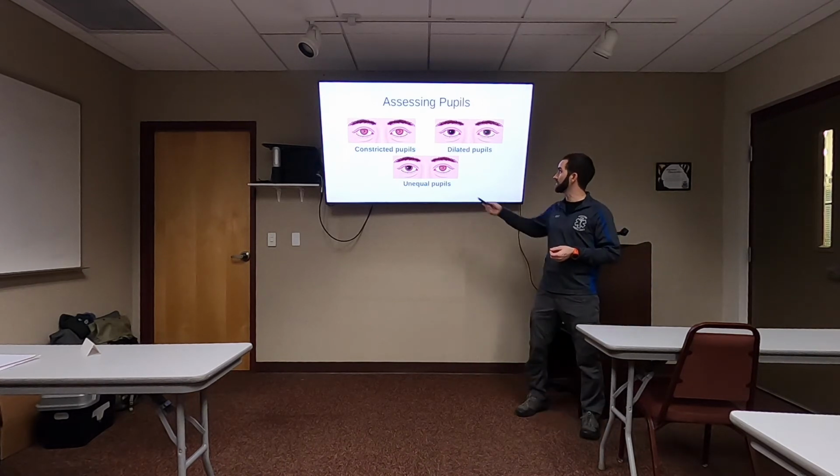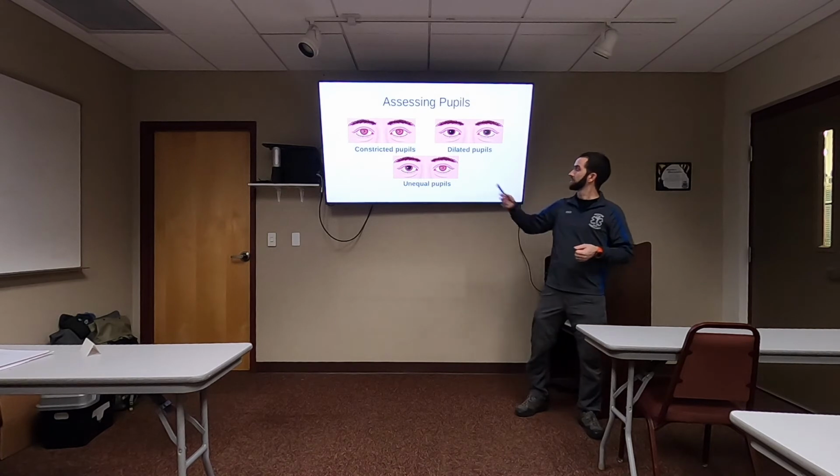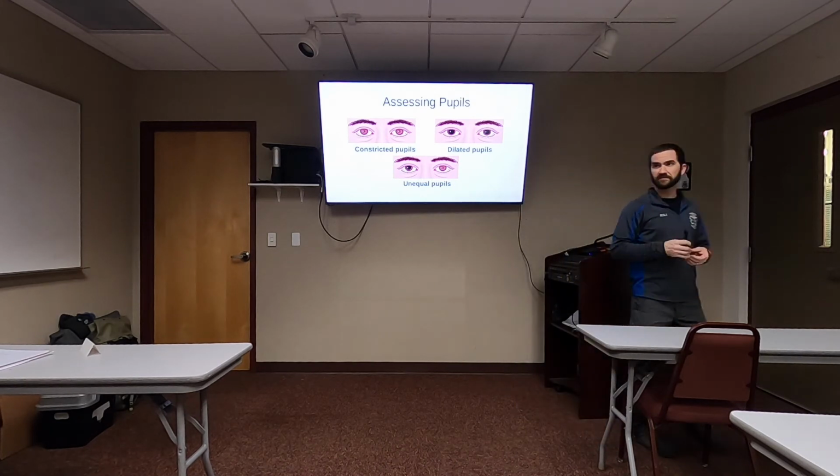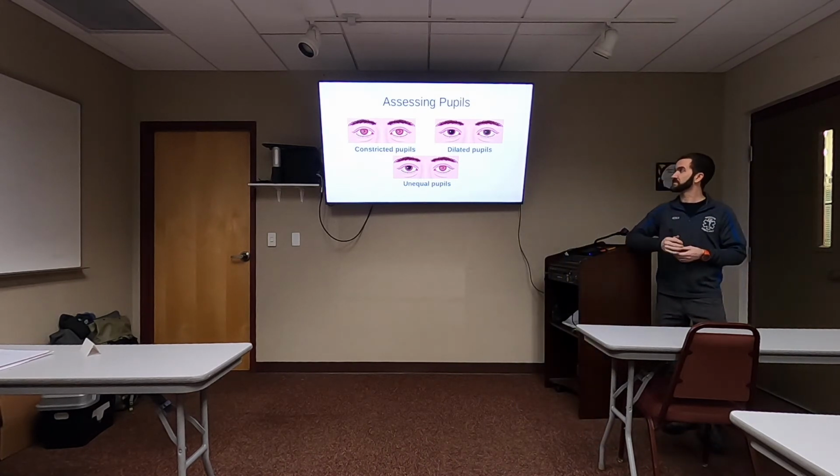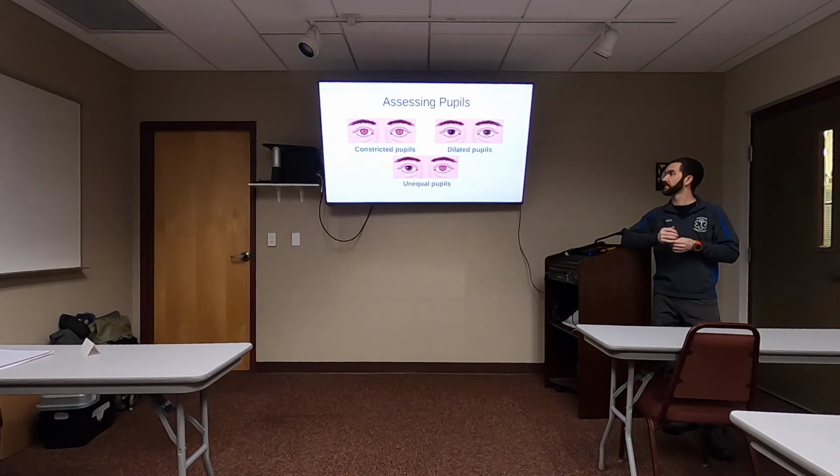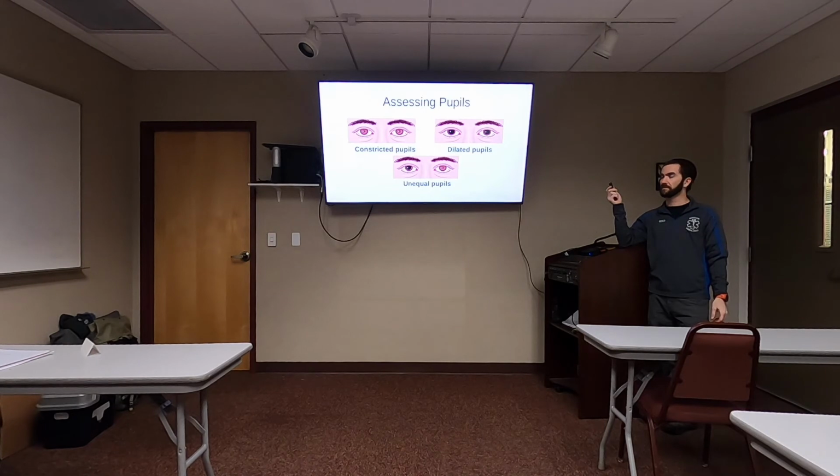And then unequal, again, some head injuries, especially when it's on one side, just affecting one eye, you can have real unequal stuff going on, but that's not super common. Some people normally have a little bit of inequality to their eyes. So if that's the normal thing, that's the normal thing.